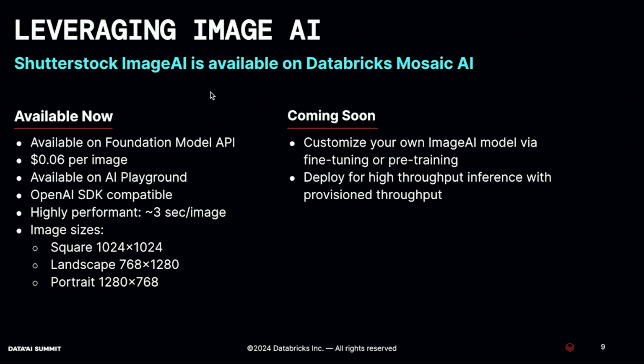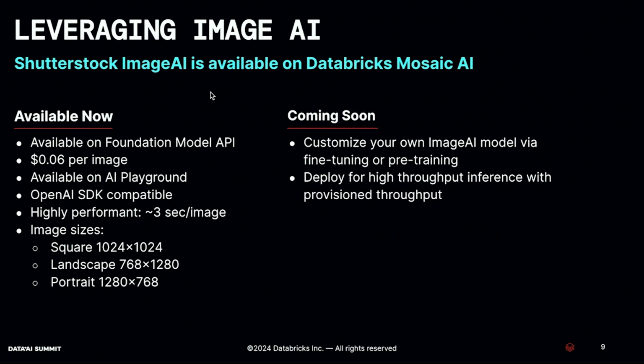I also wanted to highlight we did keep performance in mind, and on the best hardware, we're getting around 3 seconds per image. The size options that you can choose from are square, landscape, and portrait, and the resolutions are on the screen here. So that is what we have now, and we're super excited about this.